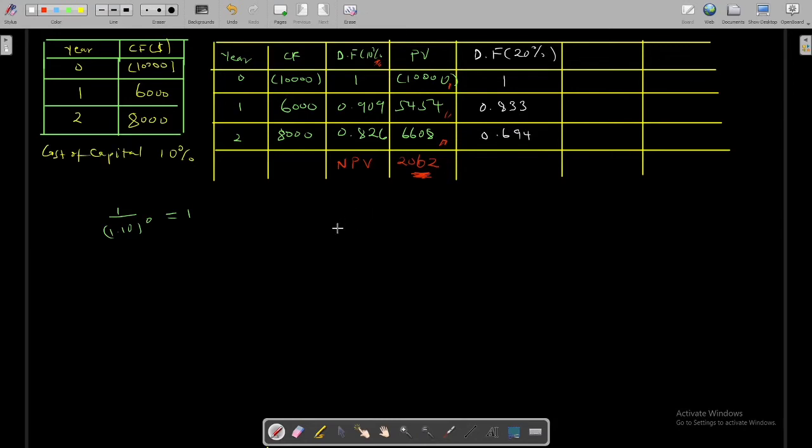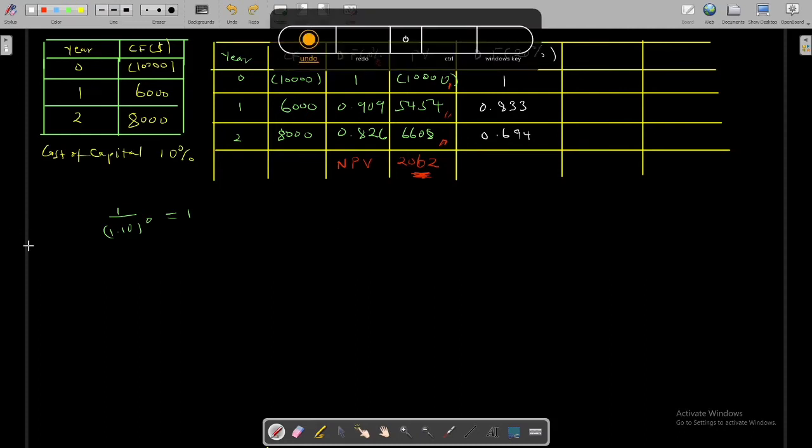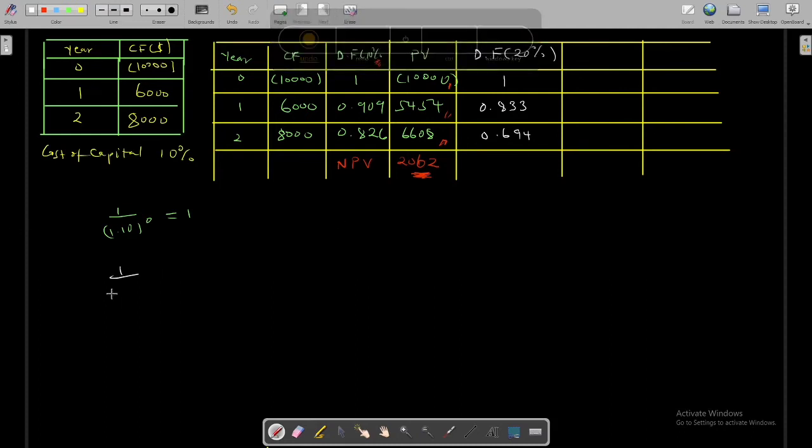So if you want to find for year 1, it's 1 over 1 plus 0.20 all exponent 1, and this one will give us 0.833. Now let's find the present values.